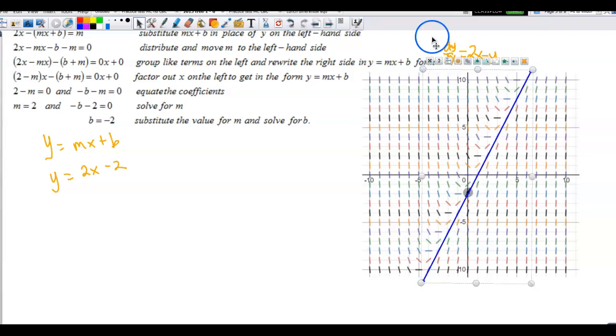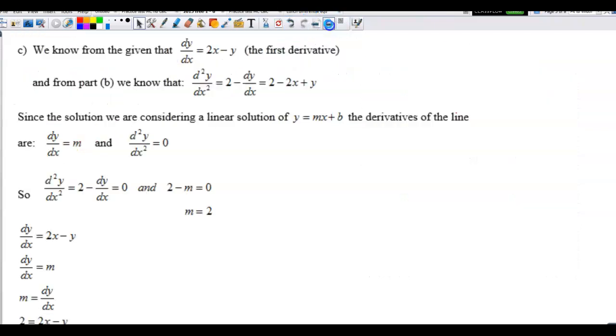There is another way to handle this problem. The other way is to use the second derivative that you found in part B. Here's the second derivative, which was equal to 2 minus dy/dx, and then by substitution, you get 2 minus 2x plus y. Since the solution curve we are considering is a linear solution, y equals mx plus b, the derivative of this line is m.